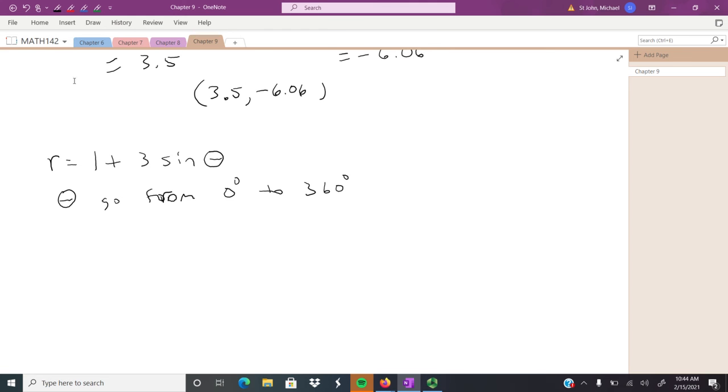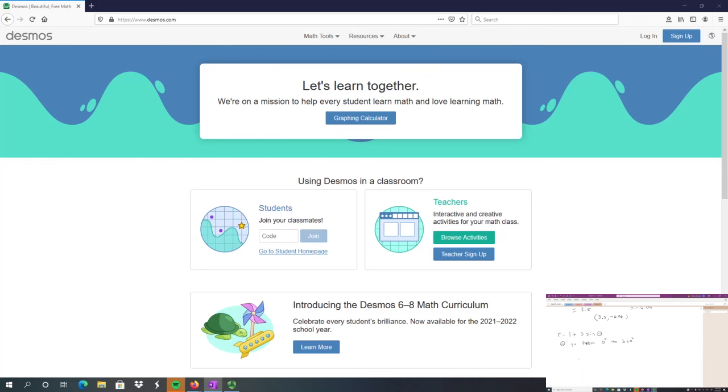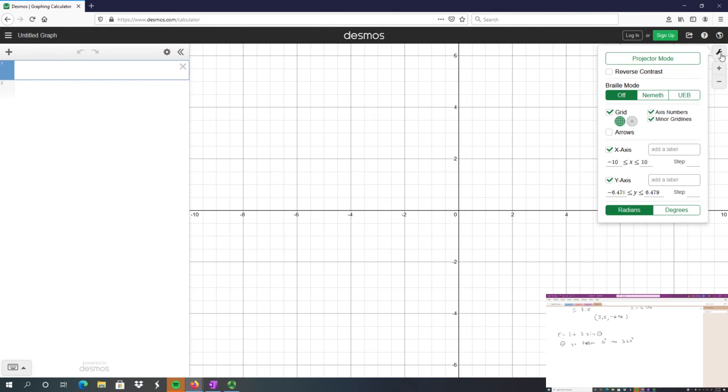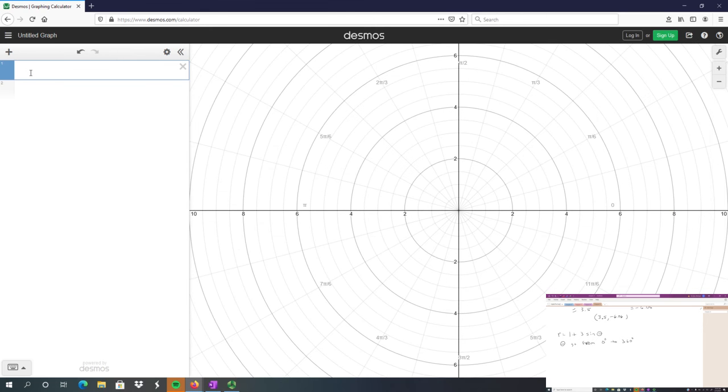So let's look at a quick graph and here we'll be using Desmos to do this. And so let me change my screen here. So now we should be looking at Desmos.com, and we want the graphing calculator. This is a rectangular grid, so we need to change this to polar. So we click on the little tool here, and we go to polar. And there we go. Now we're going to type in our equation.